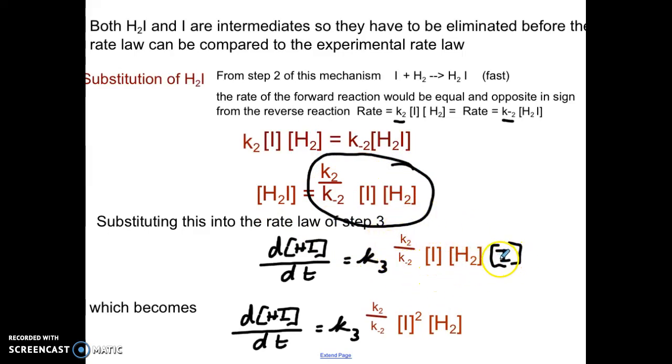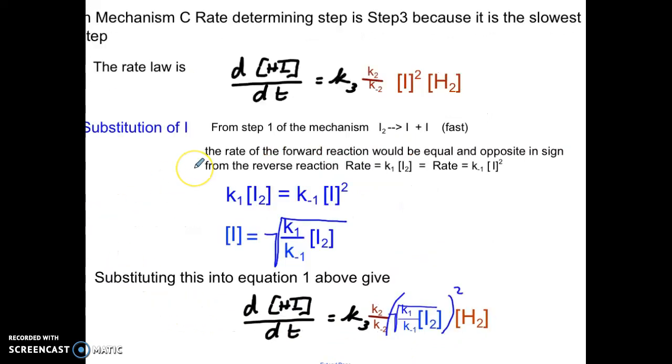Simplifying this, I have two I's, so this ends up becoming I squared. And again, we're just doing a simple substitution of that H2I. Now, in the rate law for the rate determining step, I've substituted in that H2I, so now I've got the I2 and the H2.